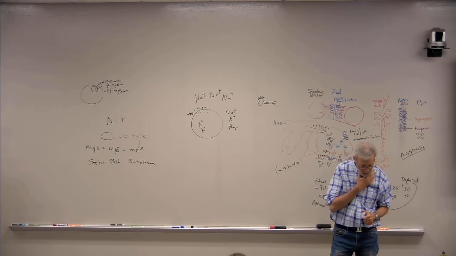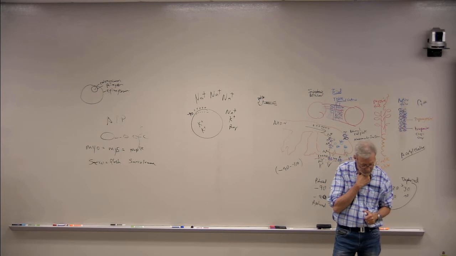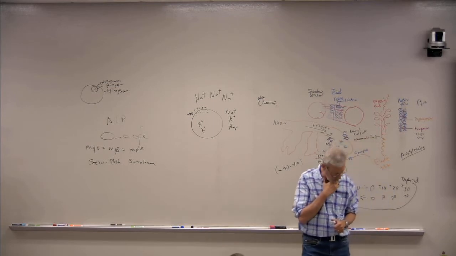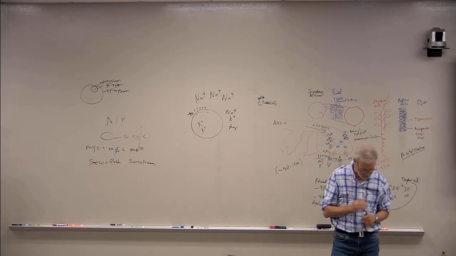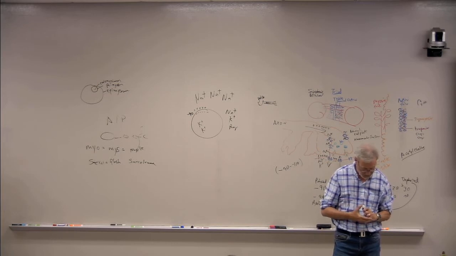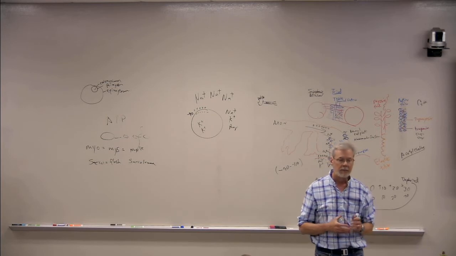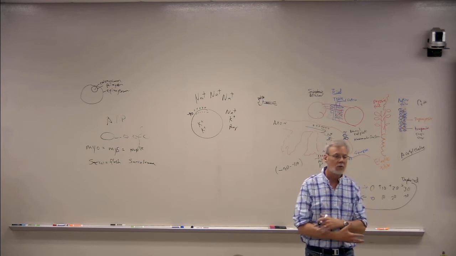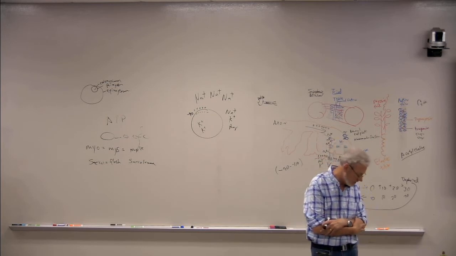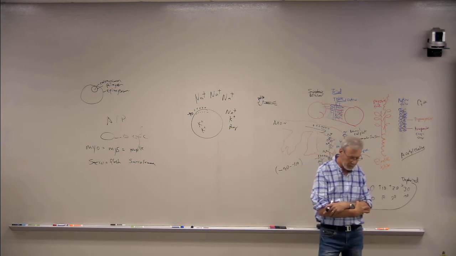Okay. Muscle tension is the force exerted by contracting muscle. The load is the opposing force exerted on the muscle. So we have a little bit of muscle tension at all times in order to stand up.